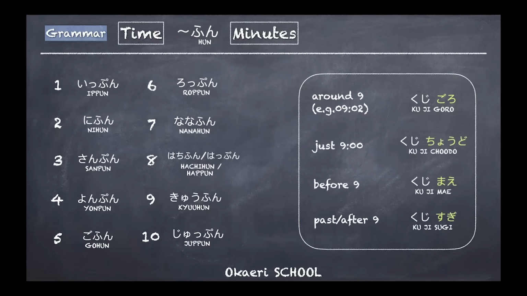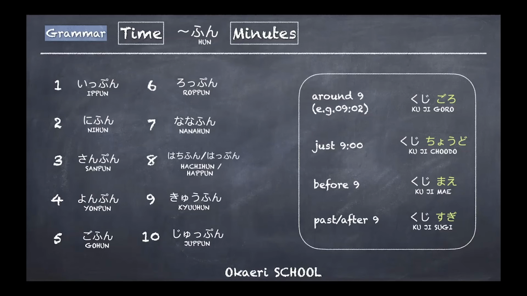Or when you want to say just, or before, or past, after, there's also variation in Japanese. Just 9, so 9:00 precisely, that would be 9時ちょうど. Before 9, a bit before 9, 9時前, where 前 means before, forehand, or in front of.